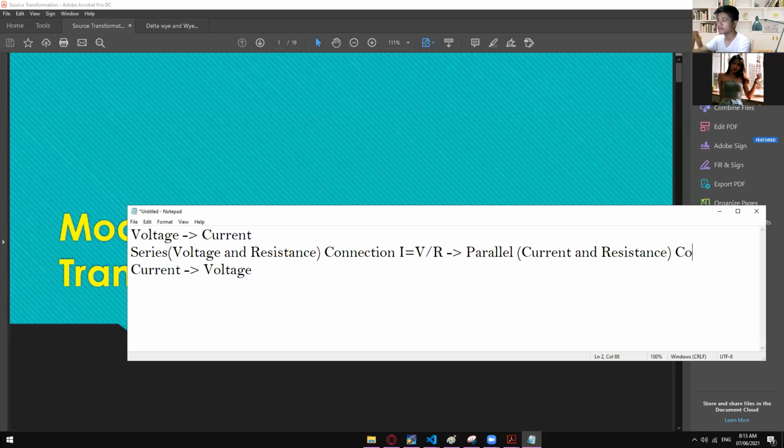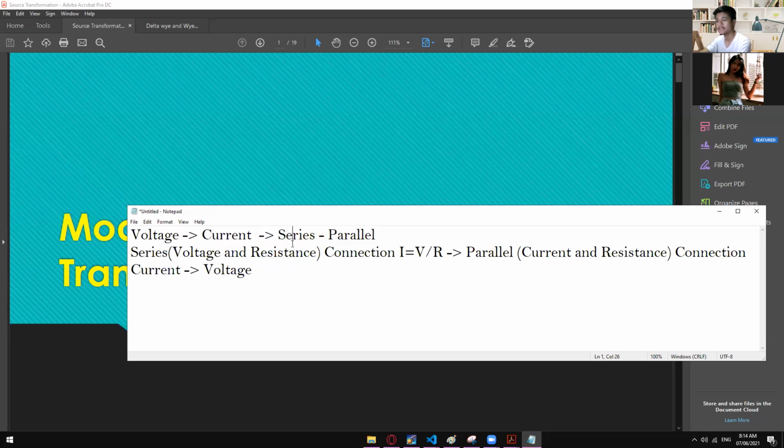So if you're confused for now, let's just have this shorter description. Voltage to current is going from series to parallel. Just get this idea for now, and later on let's talk about the components under series and the components under parallel.